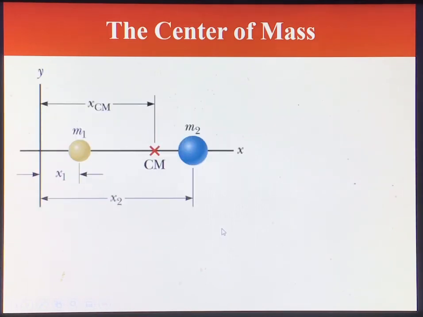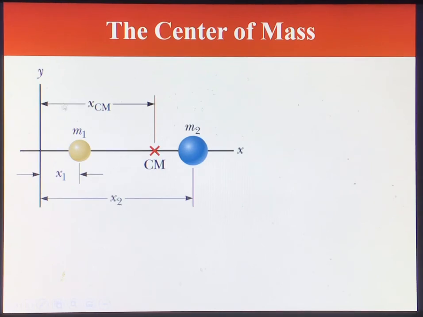All right. So now we're going to derive an equation that is going to let us calculate the center of mass for very simple systems. So suppose that I have two masses, M1 and M2, such that the position vector of M1 is x1 and the position vector of M2 is x2.